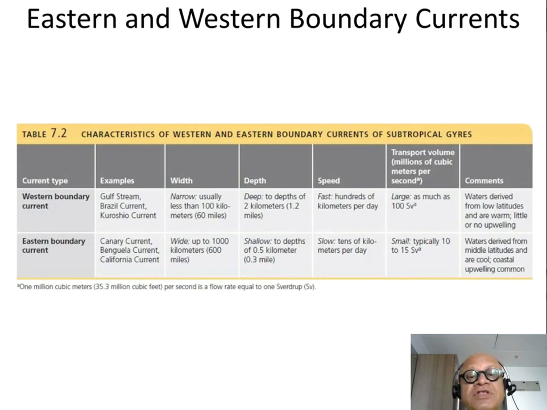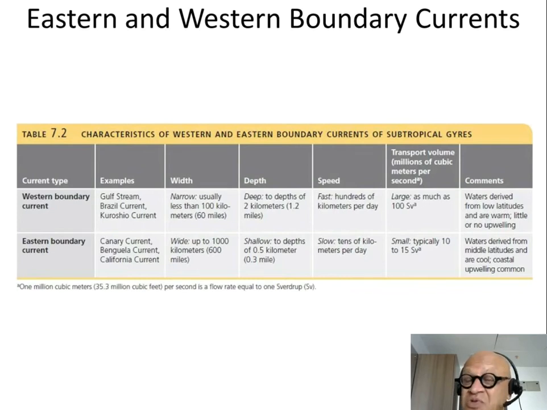Okay, so western boundary currents: Gulf Stream, Brazil current, Kuroshio, East Australian current, and narrow, usually less than 100 kilometers wide, carrying as much water as the broad subtropical gyre is bringing south. So they have to be very fast if they're carrying so much mass, and they tend to be deep, down to 1 to 2 kilometers.